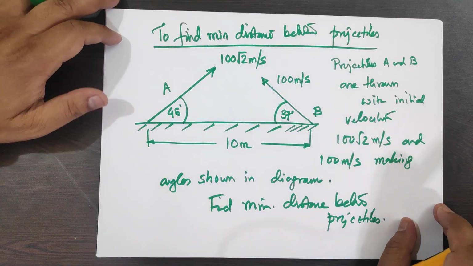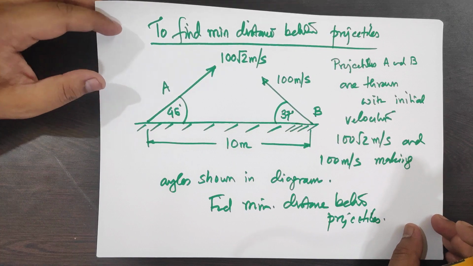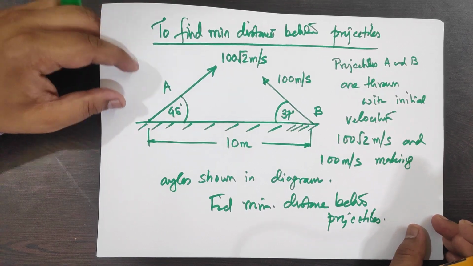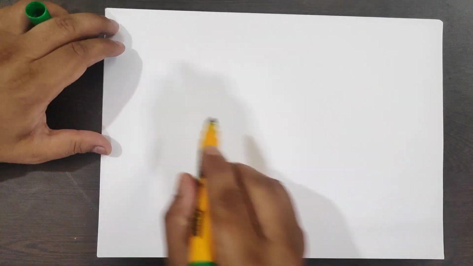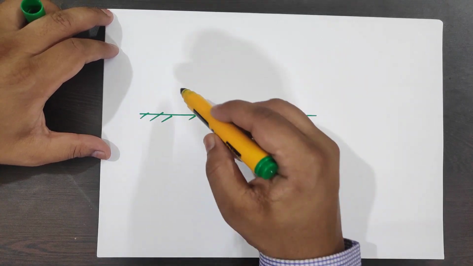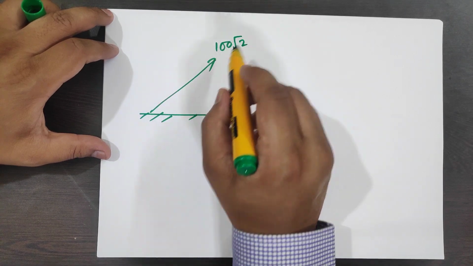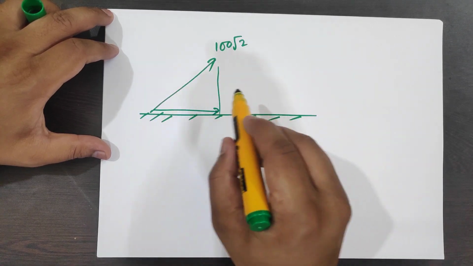Obviously they will not drop, and all these calculations are done while both are flying. So this velocity 100 root 2, we can have components.